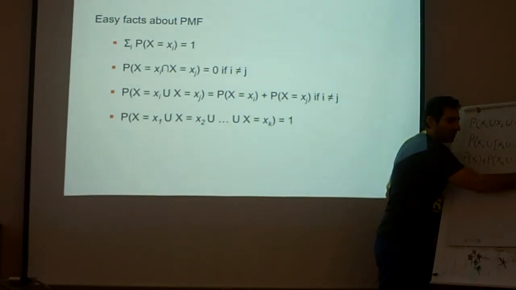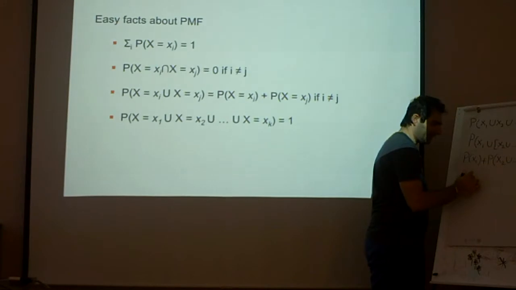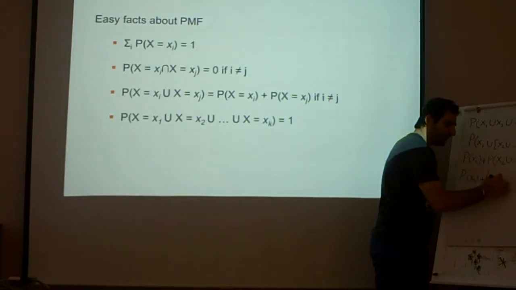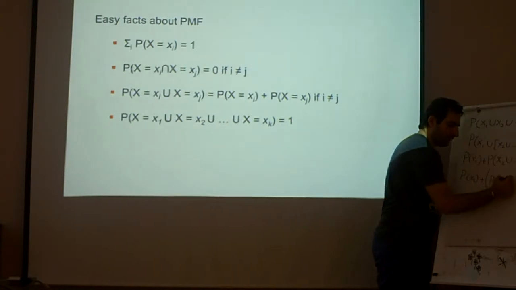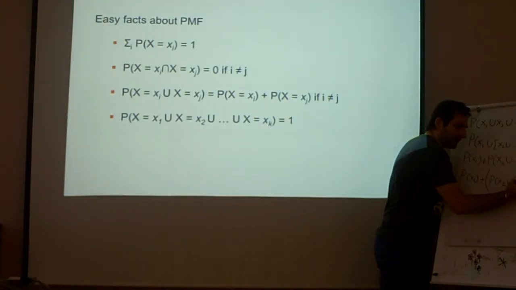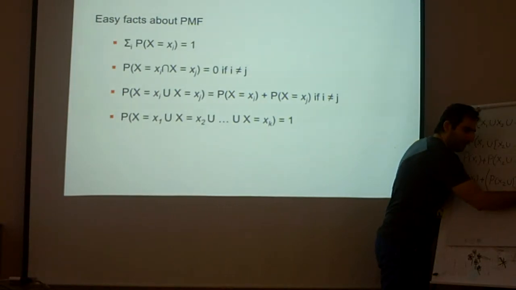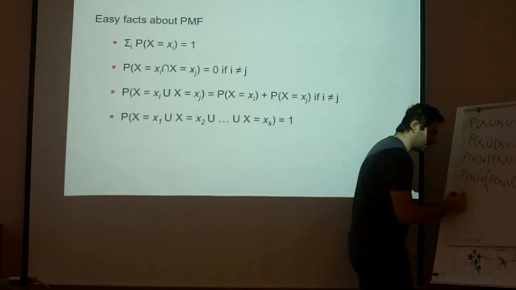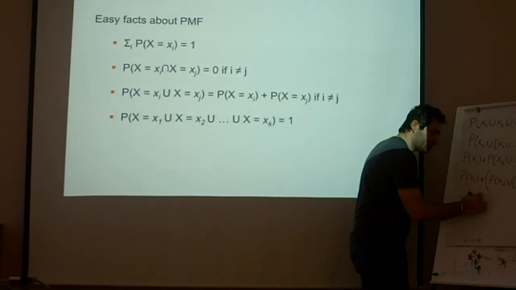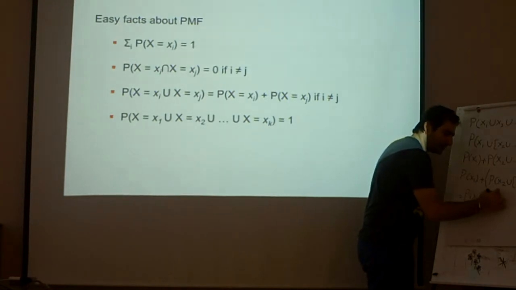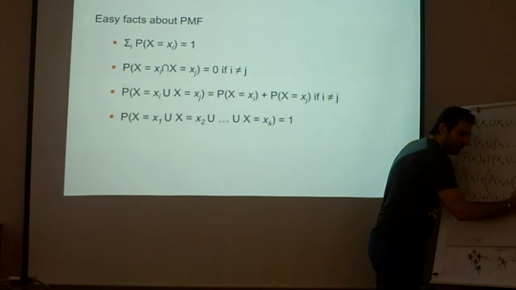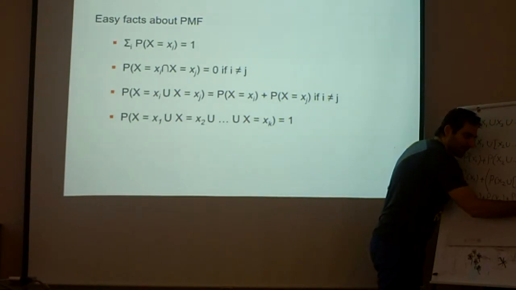This is equal to probability of x1 plus probability of x2 union x3 union to xk, which is equal to probability of x1 plus probability of x2 plus probability of x3 union to xk.